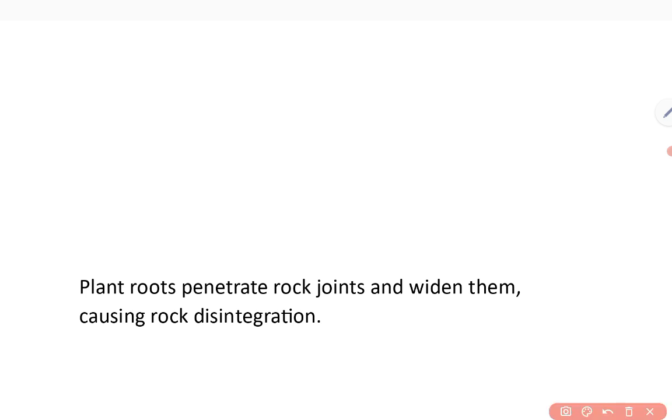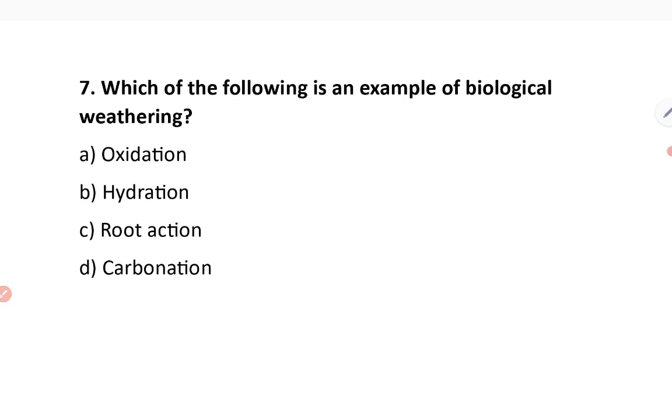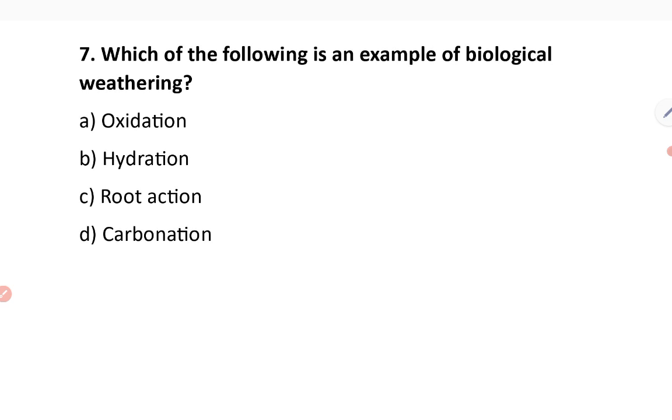Suppose a rock has some joints and a root enters that joint; after the root expands, the rock disintegrates. This is biological weathering, and it is an example of root action. So the seventh answer would be C. Here carbonation is chemical weathering, oxidation is chemical weathering, and root action is an example of biological weathering.